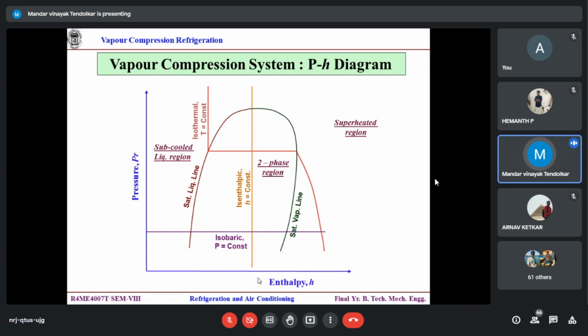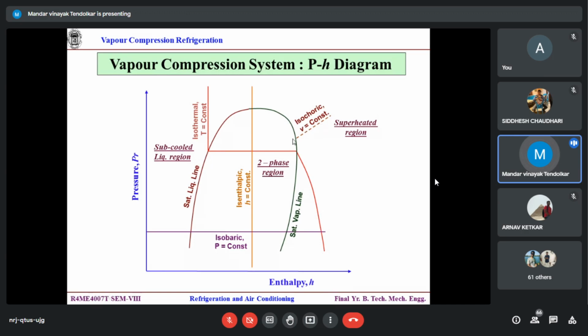Volume remains almost the same, a very nominal change. So if there is no PdV part, why would enthalpy change? It also remains almost the same. Then this is the latent part. Pressure is constant, temperature is also constant. And then further over here, the slope drastically changes because now you are in the superheated region. Agree?